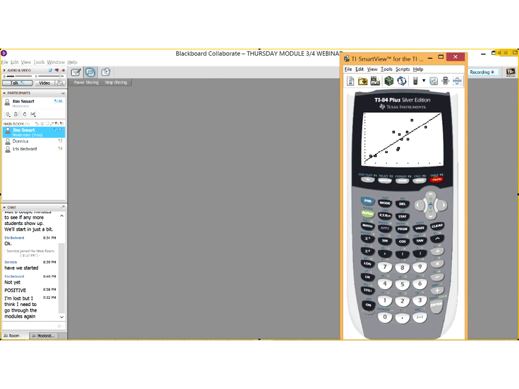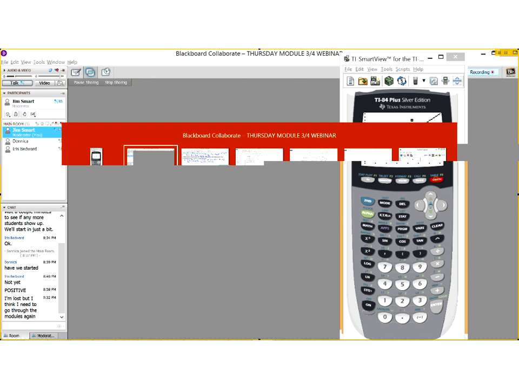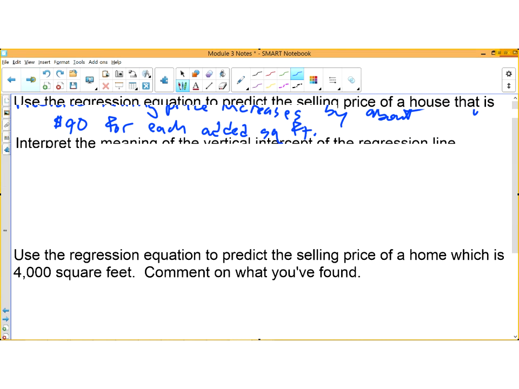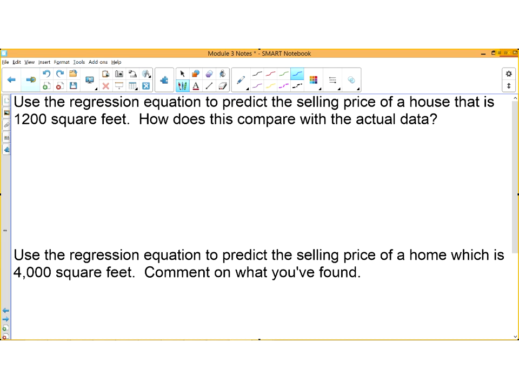So this is a pretty good regression line. From that point, if we wanted to, we would use that line to predict different values. So that's where we are. And remember, if you have an r and you're trying to decide what that r tells you about the strength, you still have to look at the graph. That's very important. All right, so let's go back to the notes. Hopefully that gets you a little bit back up to speed.